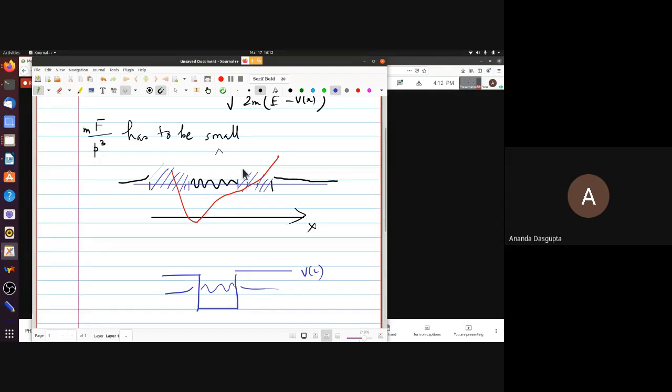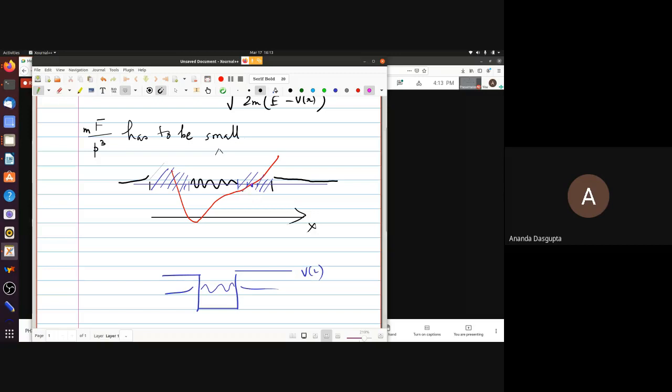But when you're close to the turning point, your WKB approximation definitely breaks down. And so you definitely cannot match the solutions on the three sides. And then what we said was, okay, what we will do is we will exactly solve the wave function in the immediate vicinity of this region.